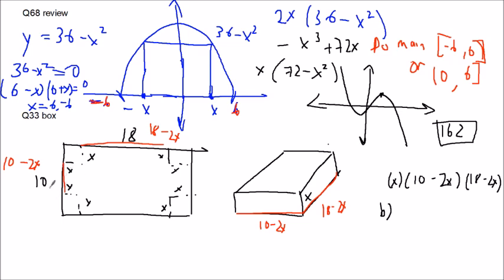It doesn't work when you cut more than this amount. And what's this amount? Well, this amount is halfway through the length, which is 5, right? So the domain is between 0 and 5, exclusive, because you can't cut 5 or else it really wouldn't make sense, right?